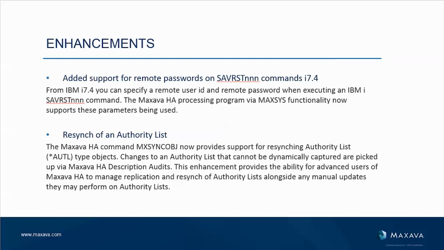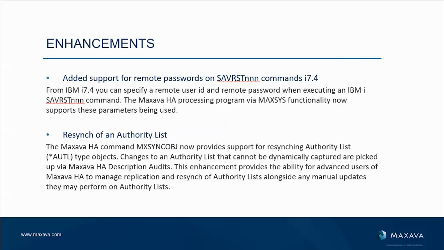From the IBM i7.4, you can now specify a remote user ID and remote password when executing an IBM i save restore command. The Maxava processing program via MaxSys functionality now supports these parameters being used at 7.4 and above.